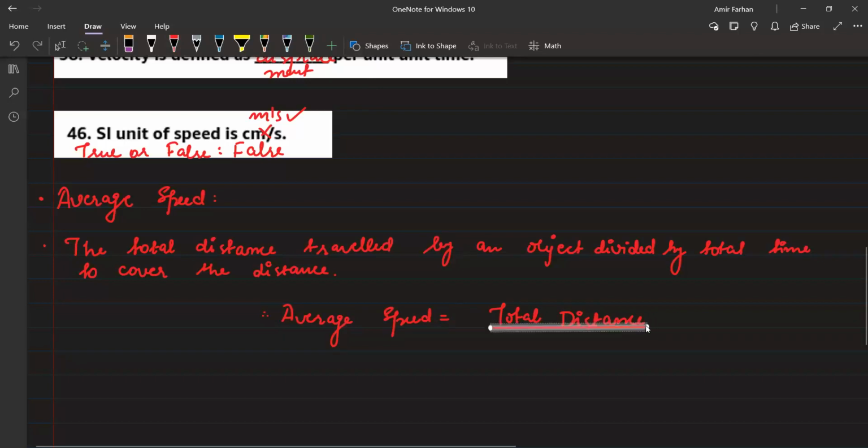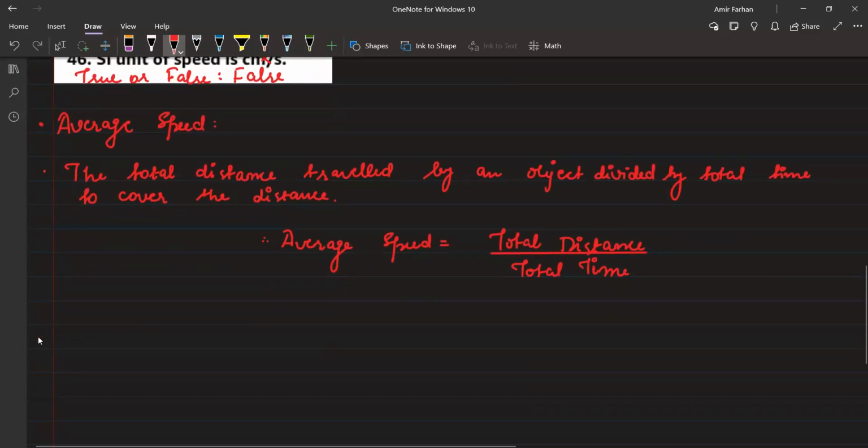Clear, everybody? Yes, sir. Any doubt? No, sir. Next is average velocity. Reem, Riaz and Jabbar, is it clear here? Yes, sir, it's clear. Any doubt? No. Sure? Sure, sir. Okay, that's great.